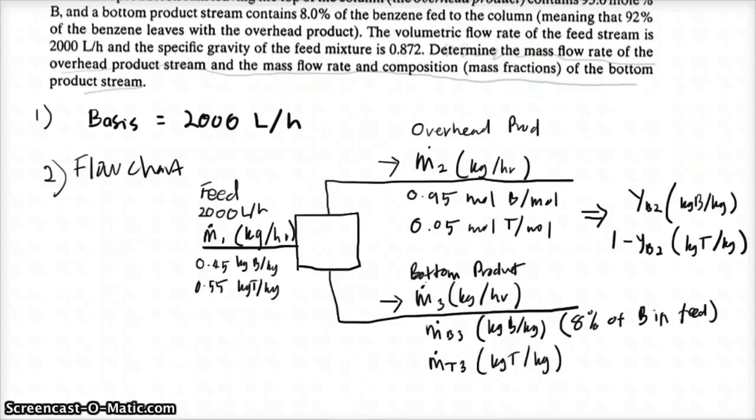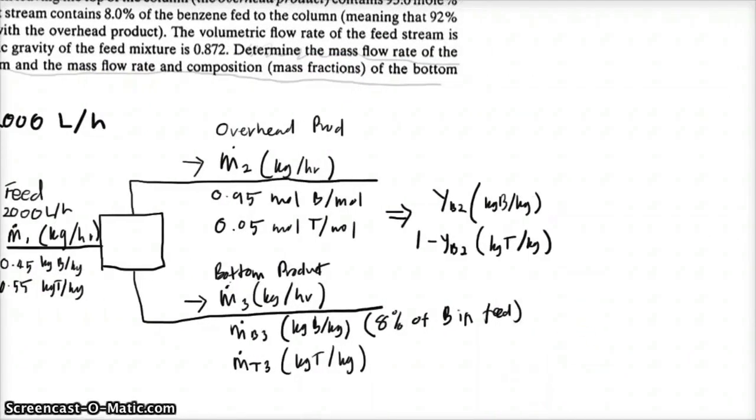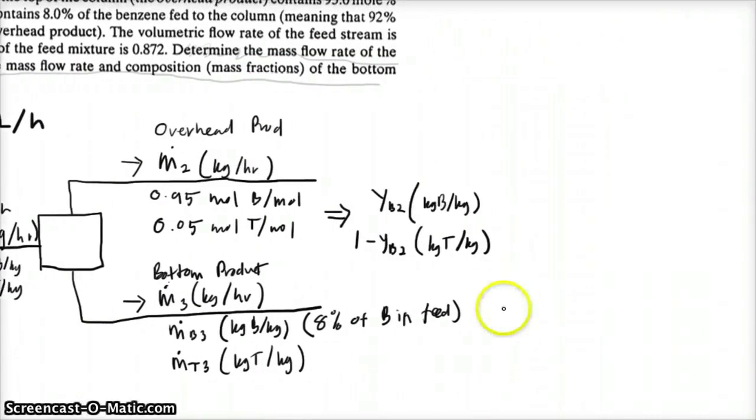So let's just go here. What they want here is the M3. M3 is equal to the mass flow rate of benzene in 3 plus the mass flow rate of toluene in 3.